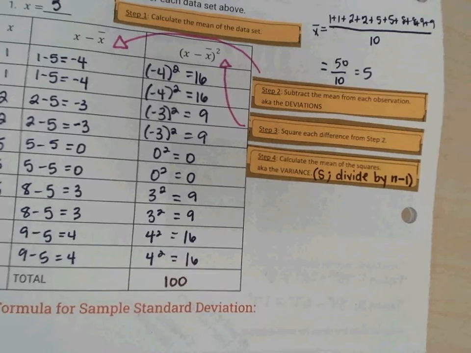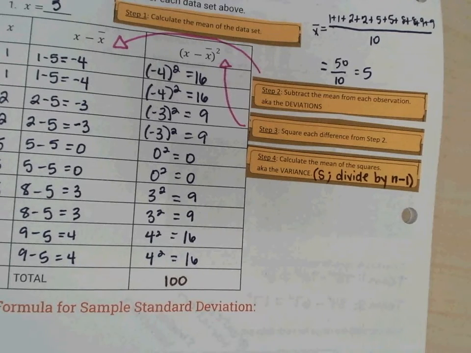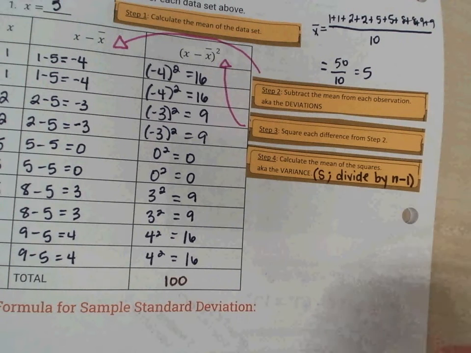We do that because it's the sample standard deviation, and since we're talking about a part of the population, we're going to use it to make inferences about the total population. Dividing by n minus 1 gives us a little bit of extra cushion. If you're interested in learning more about and understanding that better, I'm glad to talk to you more about that. Otherwise, you can just trust me. We divide by n minus 1 when it's the sample standard deviation.